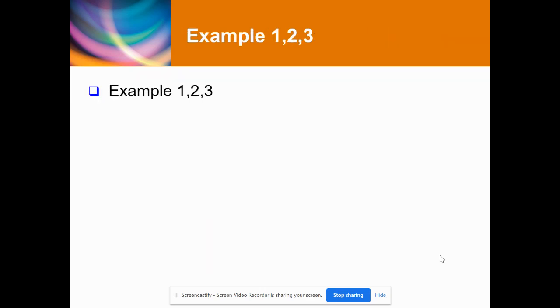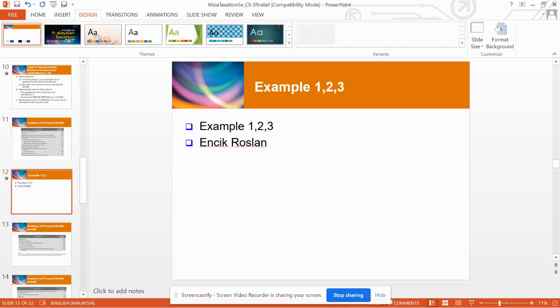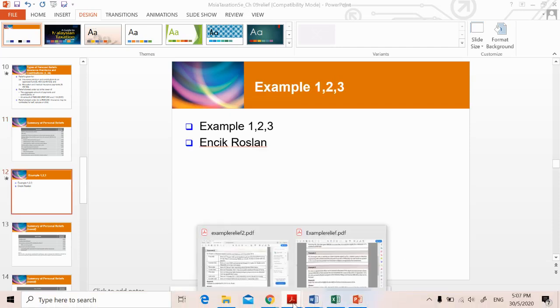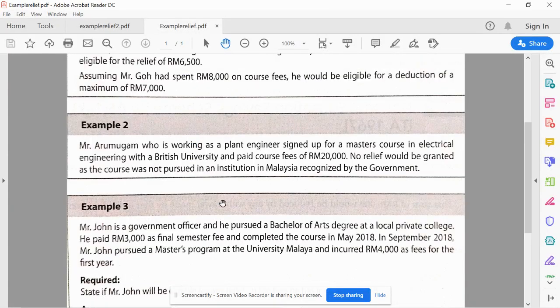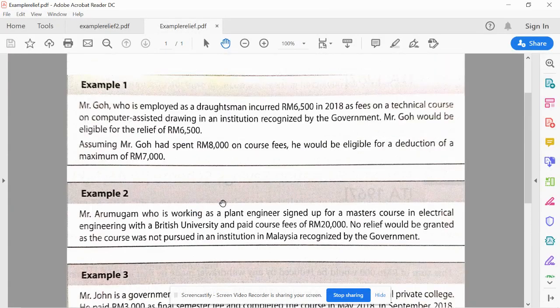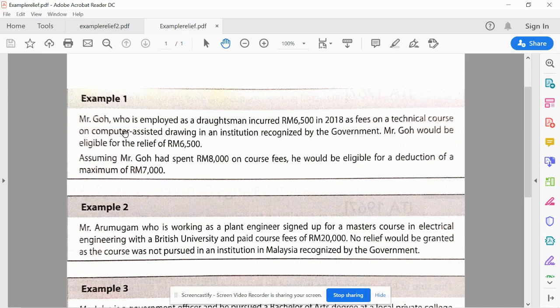All right, let's look at 4 examples here. You can refer to your notes. So let's look at example 1, 2, 3, and also Encik Roslan. All right. For example 1, what we have here is Mr. Goh, who is employed as a draughtsman, incurred 6,500 ringgit in 2018 as fees on a technical course on computer-assisted drawing in an institution recognised by the government.